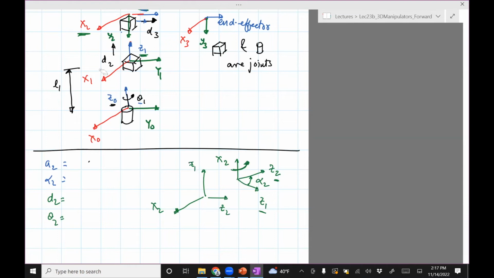So let me draw Z1 and Z2. Following this convention, I need to sweep from Z1 to Z2. You can see that the sweep is 270 degrees.